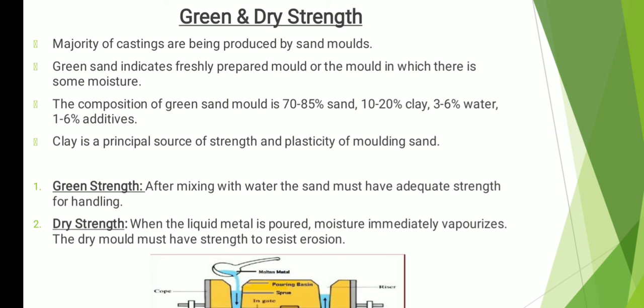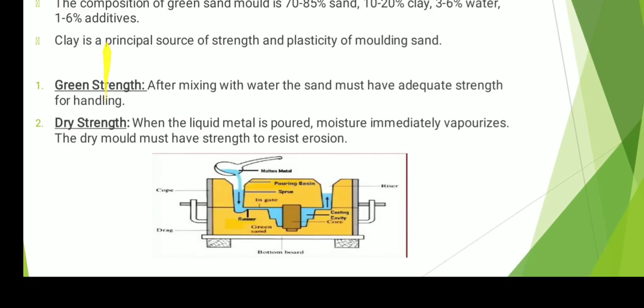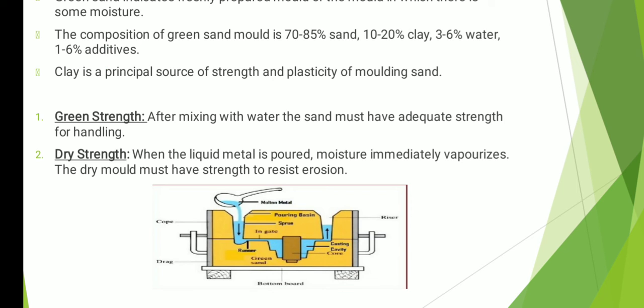Now dry strength, friends. When you pour the liquid metal, that is hot molten metal, whatever water is present in the sand will immediately vaporize, because you are putting in a hot molten material. When it is vaporized, the dry mold must have the strength to resist erosion.